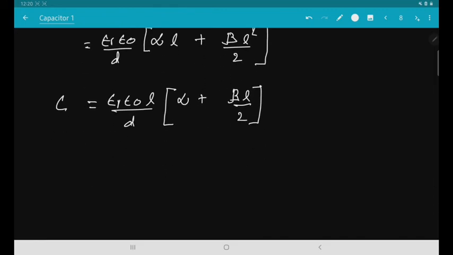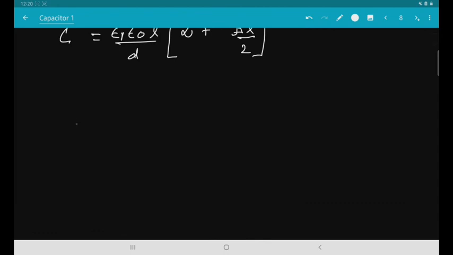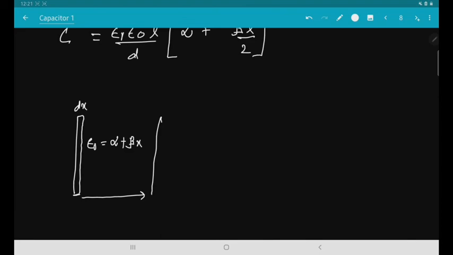You could try for change in capacitance for this equation, if the permittivity of the dielectric medium is some alpha plus beta x. Now in this case the change in the capacitance is in the horizontal direction. Now you consider an element vertically, because in this direction there is no change in capacitance, of dx, and we can integrate in the horizontal direction to get the full value of the capacitance.